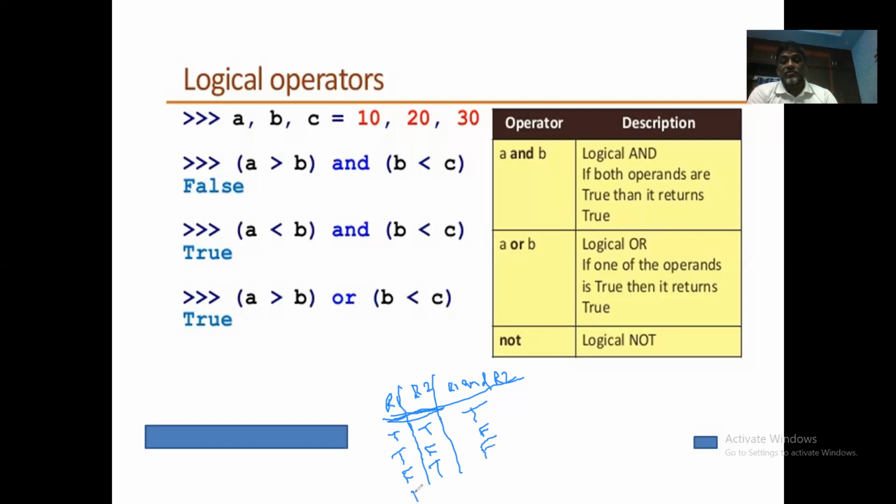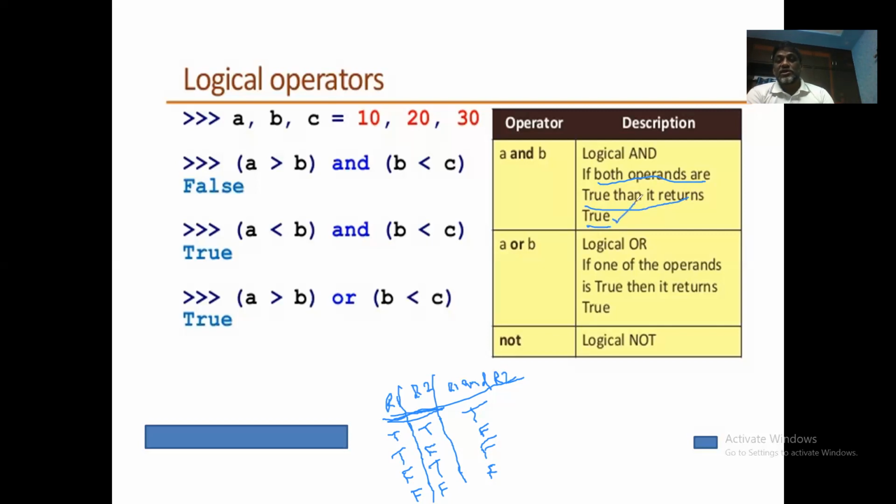If both of them are false, then this will return a false. So you can see that it is returning true only if both the relational expressions are true. That is what is mentioned here. If both the operands, that is, if both the relational expressions are true, then only it returns true. That is what is mentioned here.